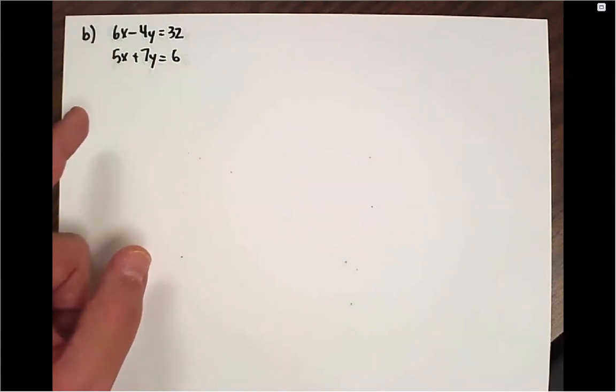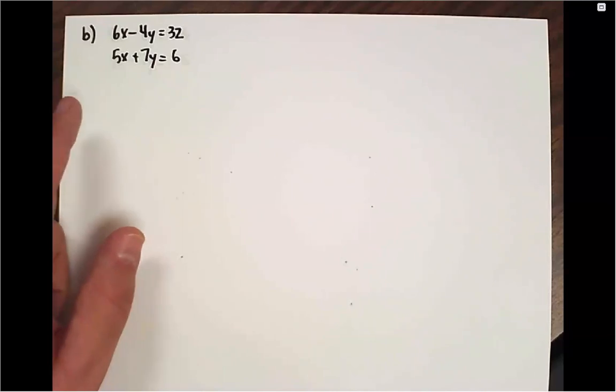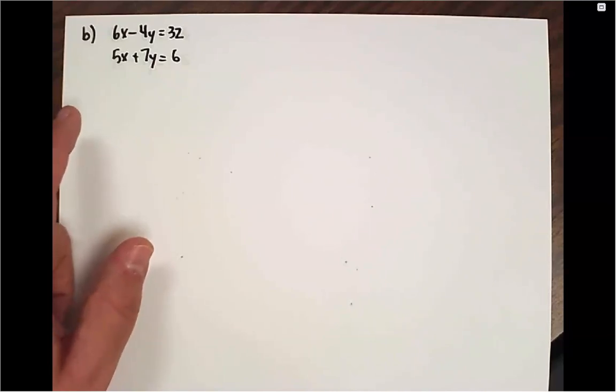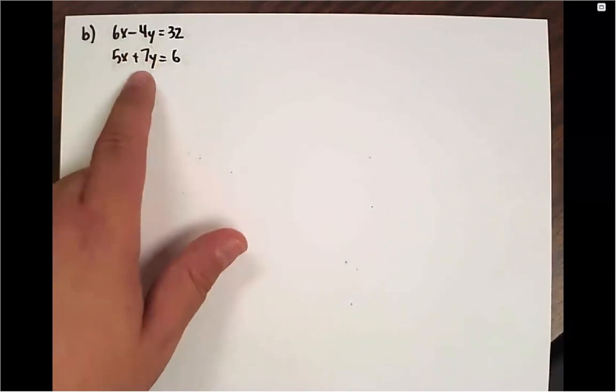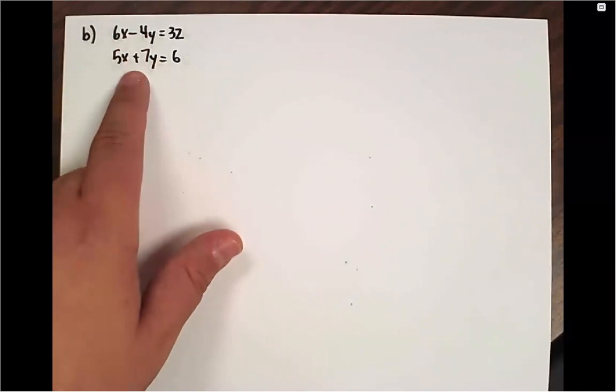Because that way you're multiplying one or both of the equations by positive numbers. I wouldn't try to eliminate x here. Both of my x's are positive. But since y already has one negative and one positive, that'll be an easier elimination.